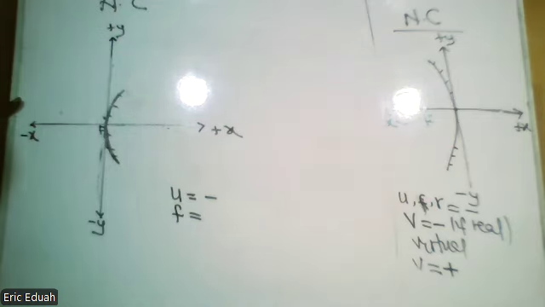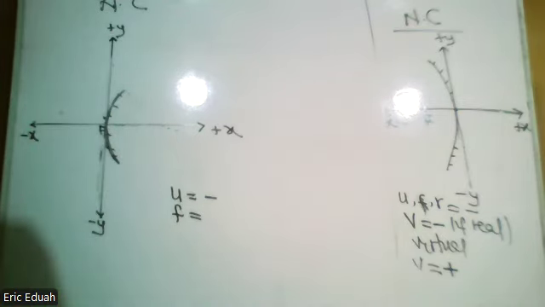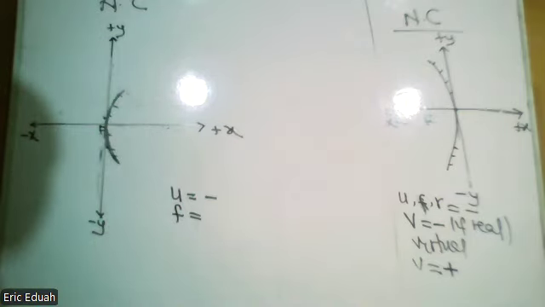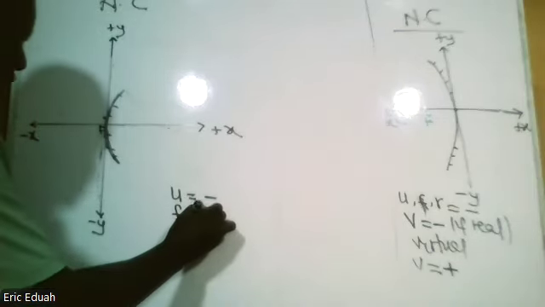F would rather be positive. Why? Because it is traced to the right side of the mirror. So it will be positive. Good. Because it is virtual, on the right side of the mirror. Yes, the virtual principal focus. The focal point or the principal focus is always behind the mirror. So F will be positive.